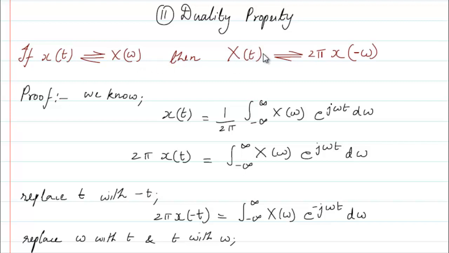If I am going to take this shape and try to find out its Fourier transform, then I will get this x of t as my x of minus omega times 2 pi.